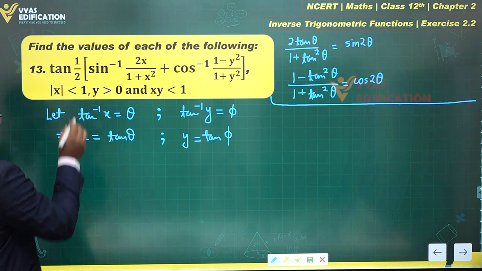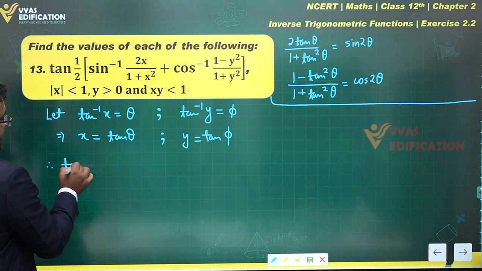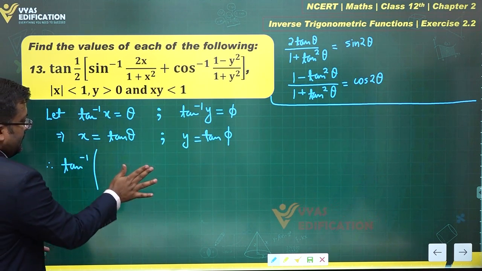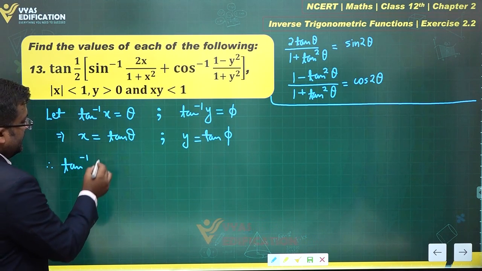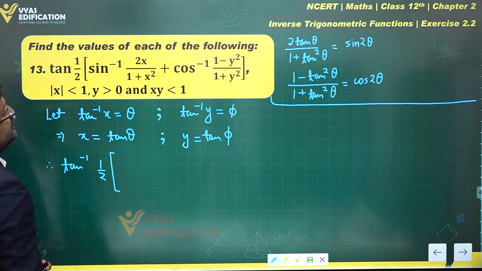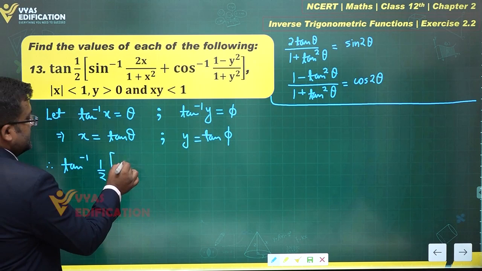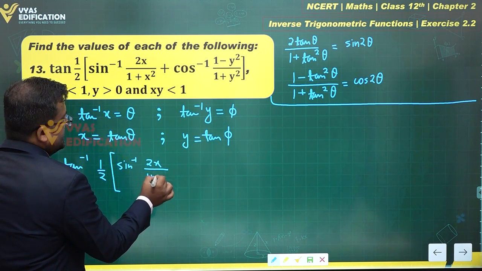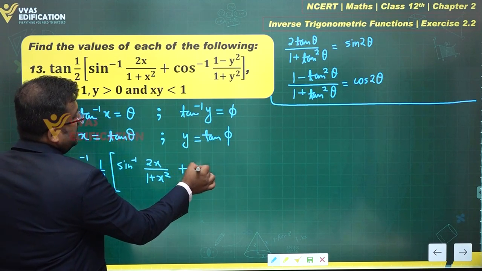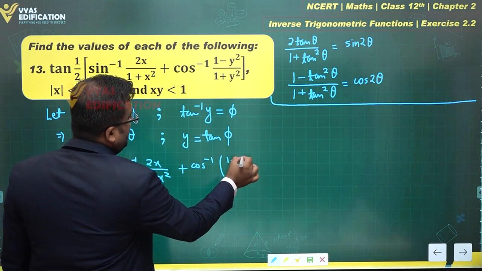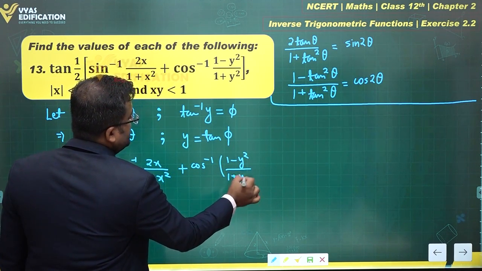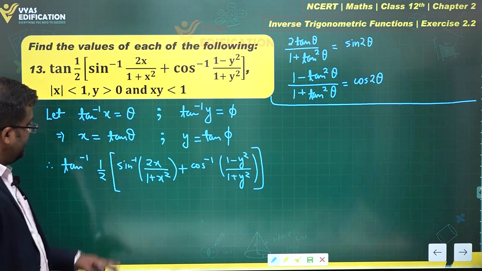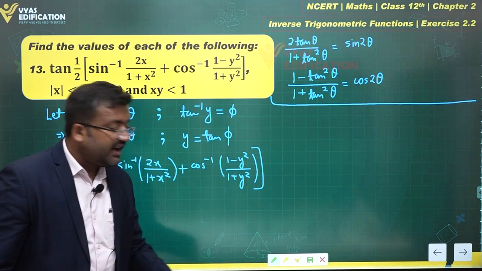Therefore, this expression, tan inverse of, what do you have over here? There's a half on the outside. Tan inverse half of this huge bracket term: sin inverse 2x over 1 plus x square plus cos inverse 1 minus y square over 1 plus y square. This whole term will simplify into what?